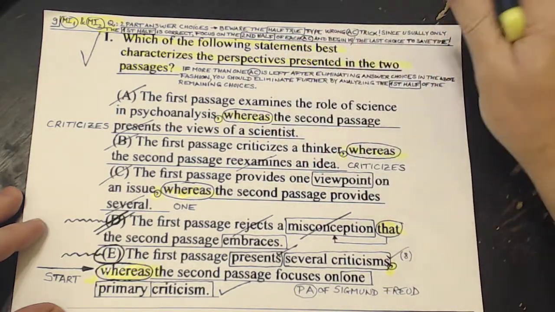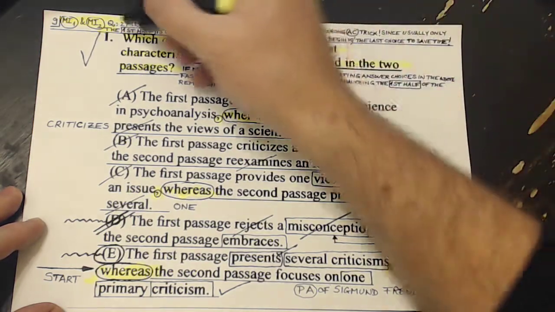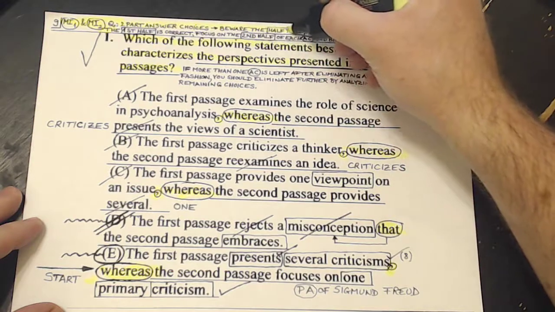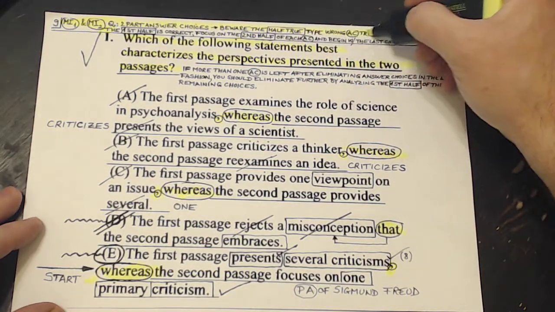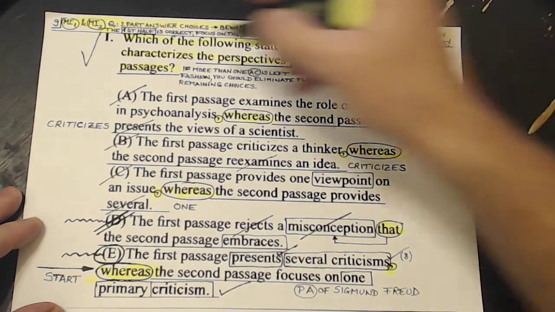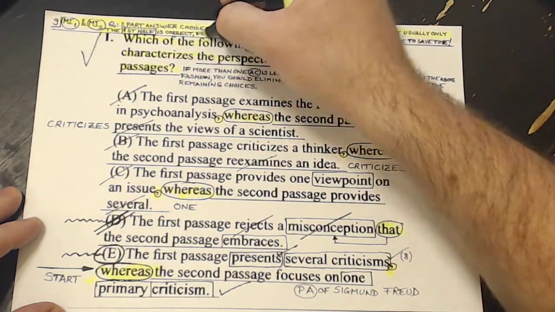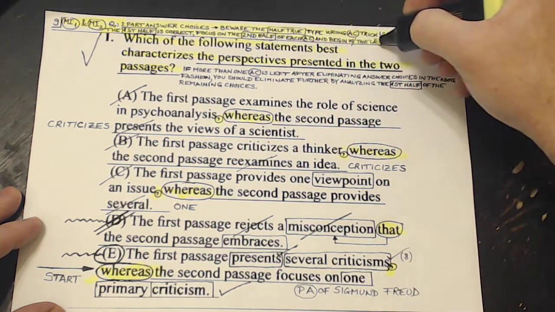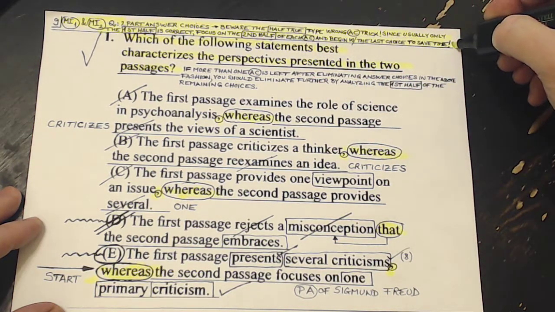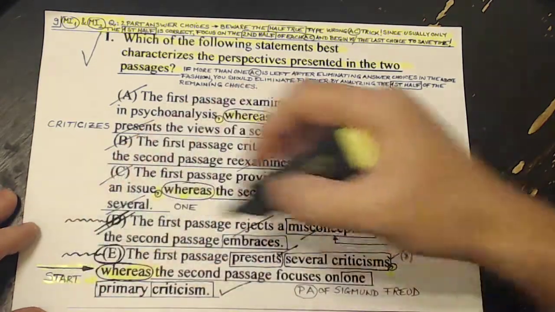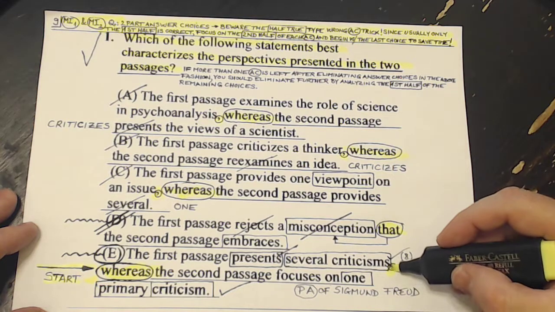Okay, what does this mean? Well, it means I have two-part answer choices. Beware the half-true type wrong answer choice trick when you see that kind. Since usually only the first half is correct, focus your attention on the second half of each answer choice and begin with the last choice to save time. So you begin with the last choice as usual, and you focus on the second half, after the comma, whereas.